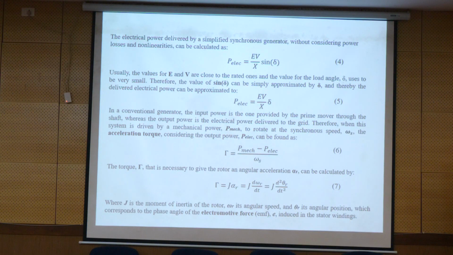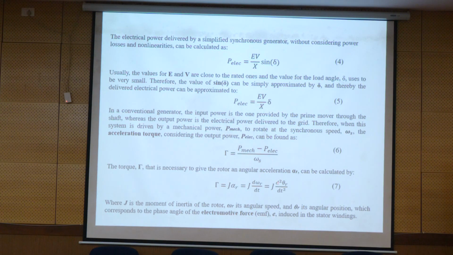Instead of alpha, we can put d omega over dt, and instead of d omega over dt, we can put d squared theta over dt squared. So this is position, speed, acceleration. The derivative of the position is the speed, and the derivative of the speed is acceleration.